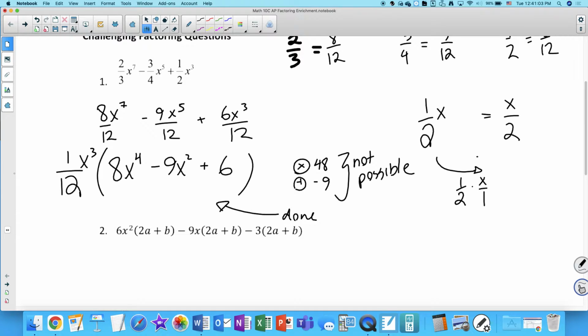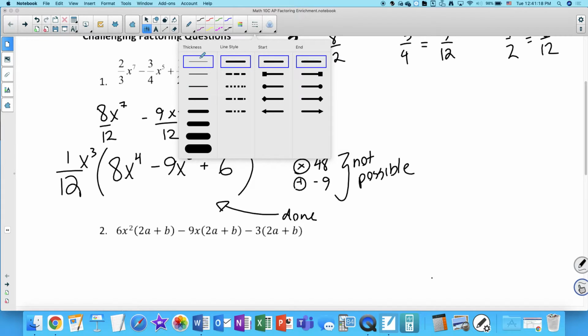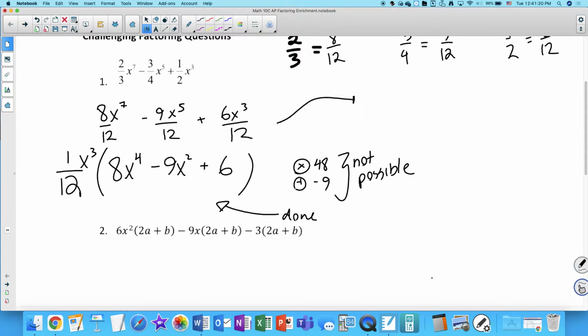Now, by the way, if you're having trouble going from here to here, I'm just going to erase this. Another way that you can see this is this way. Okay, so this is all written with a common denominator, yes? So you could also just write this with one denominator and have it be 8x to the 7 minus 9x to the 5 plus 6x cubed, right?